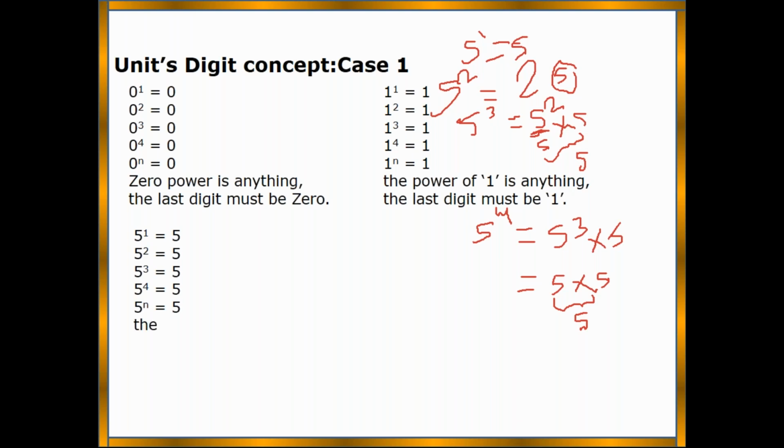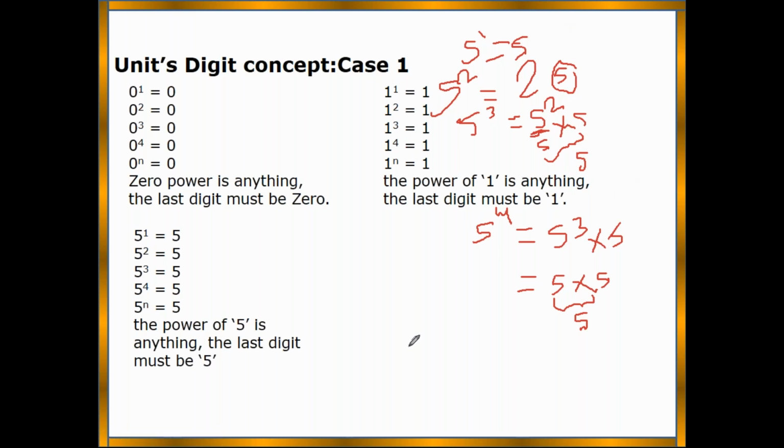The same thing is also applicable for 6. 6 power 1 is 6, 6 square is 36, which means 6 only. 6 power 3 is 216. If you don't know the value of 6 power 3, what will you do?